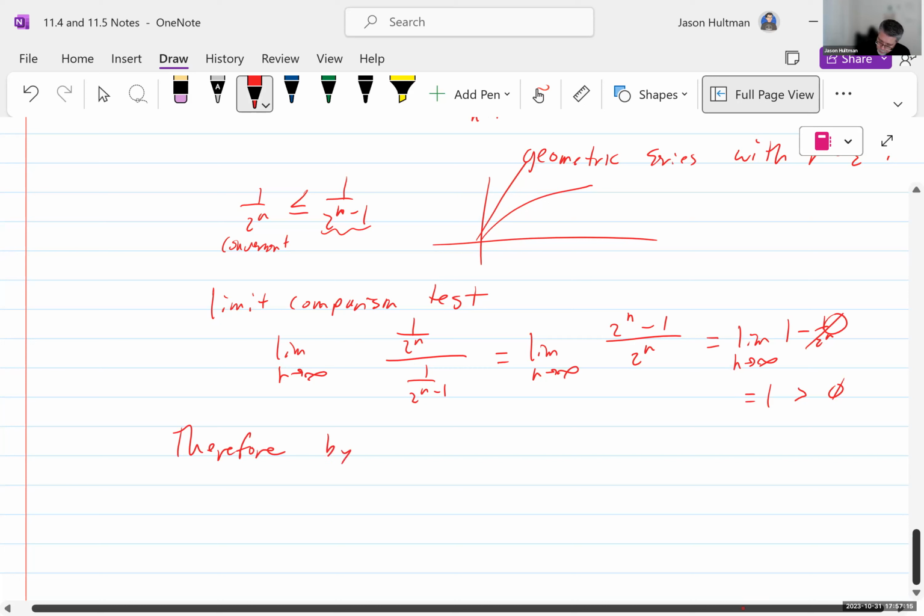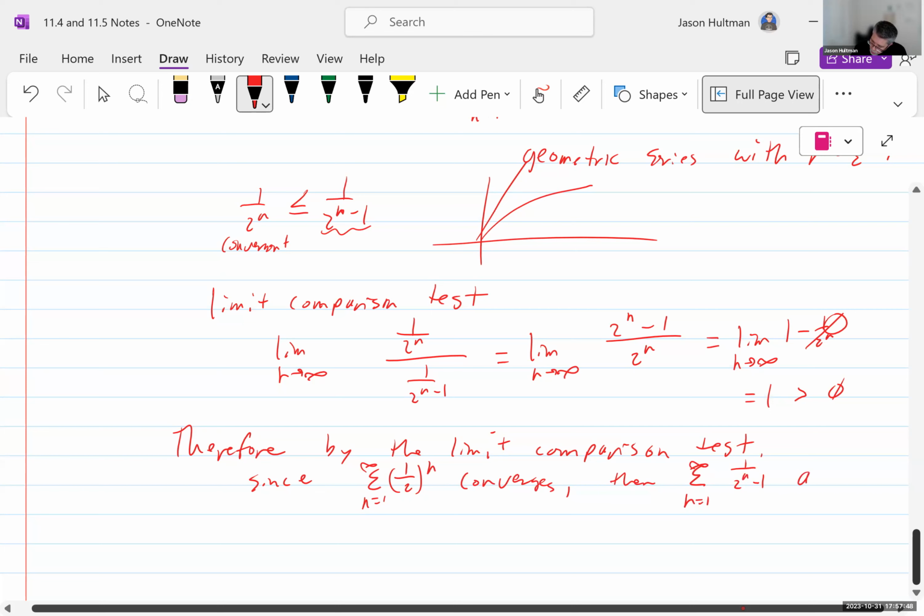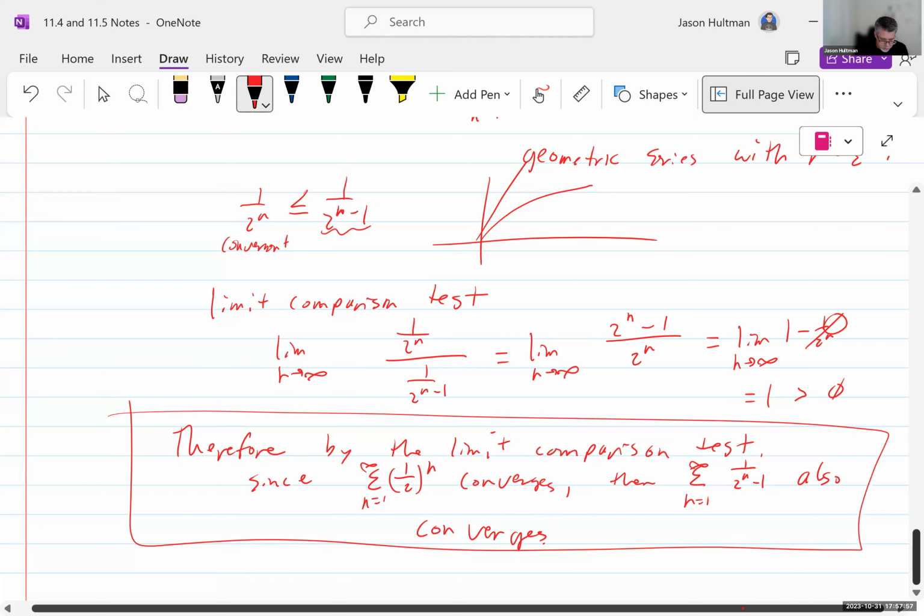Therefore, by the limit comparison test, since the summation of 1 over 2 to the n, n equals 1 to infinity, converges, then the summation n equals 1 to infinity of 1 over 2 to the n minus 1 also converges. There's my answer, that sentence.